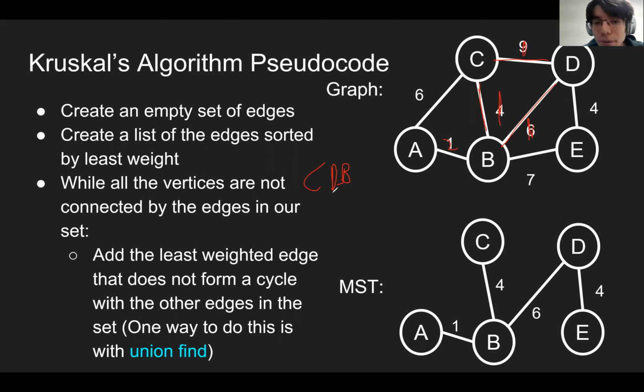But when we have C, D, and B, we would not want to choose this edge because it would mean a cycle. The way we decide that is by identifying whether C and B are in the same component, and we do that with union find. We find the component of B and the component of C and recognize that they're the same. If they're from the same component, then putting an edge between them would form a cycle, because they're already connected by some path.